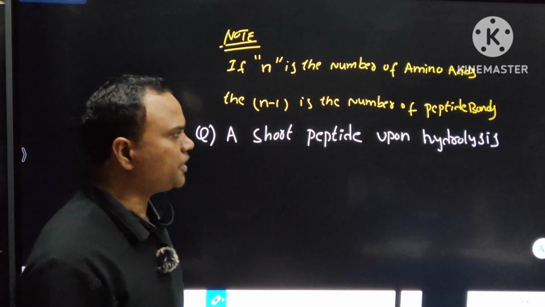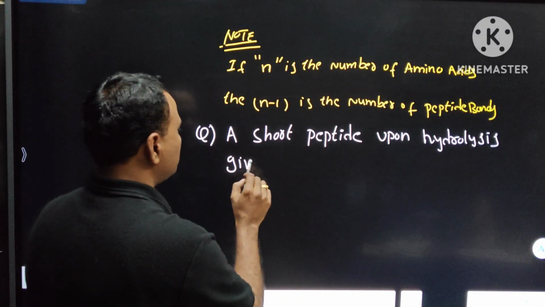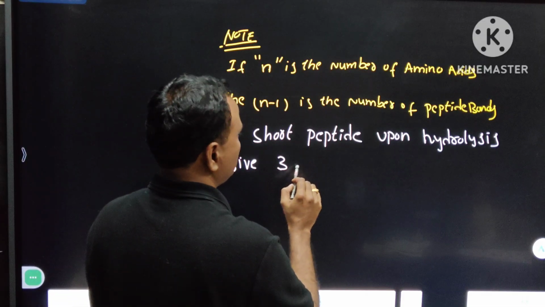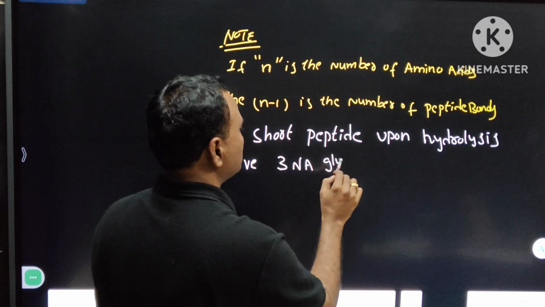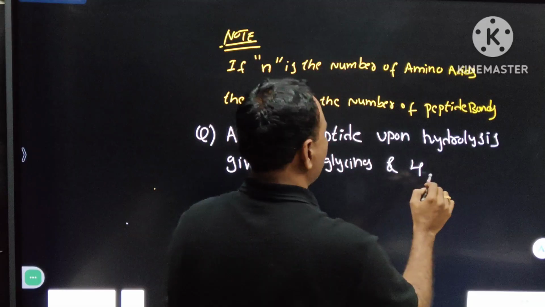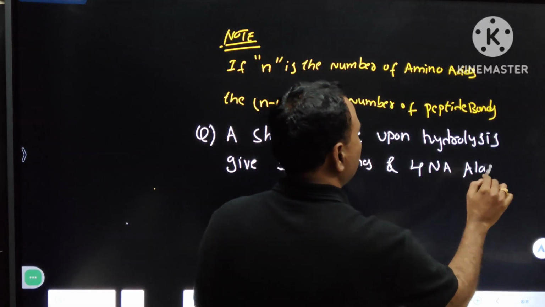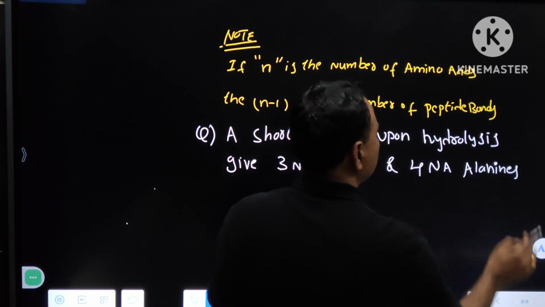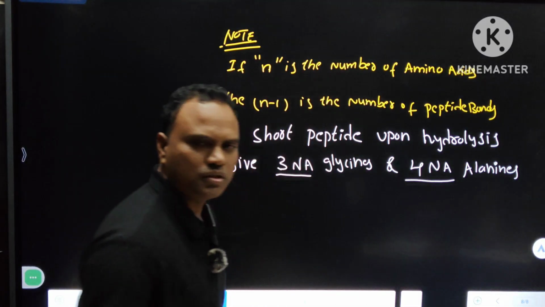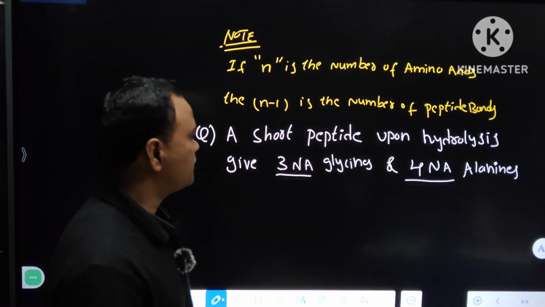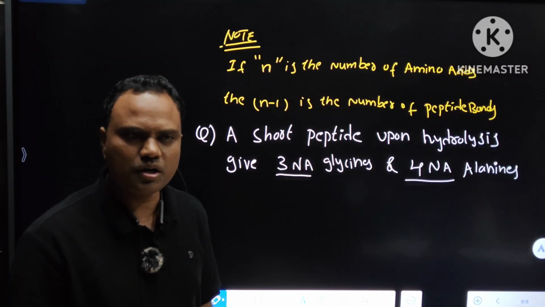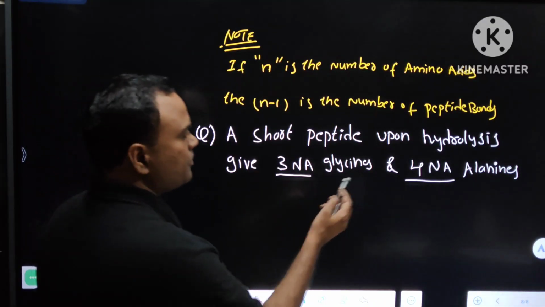One question. A short peptide upon hydrolysis gives 3 NA glycines, 4 NA alanines. I am taking 3 into Avogadro number of glycines and 4 into Avogadro number of alanines upon hydrolysis.